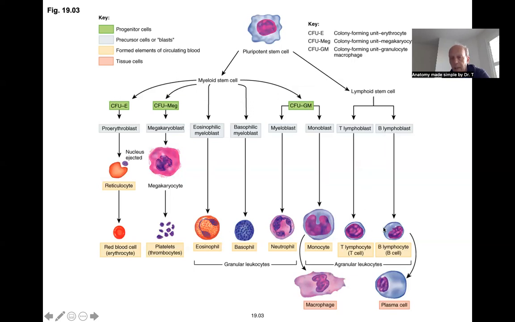T lymphocytes and B lymphocytes are going to be an impressively important component of our immune system, whereas the B lymphocytes in particular could become plasma cells, and plasma cells will be able to quickly release a massive amount of antibodies, the proteins that will momentarily start dealing with any kind of intrusion into our body, especially if it is done by microorganisms that we have already encountered.